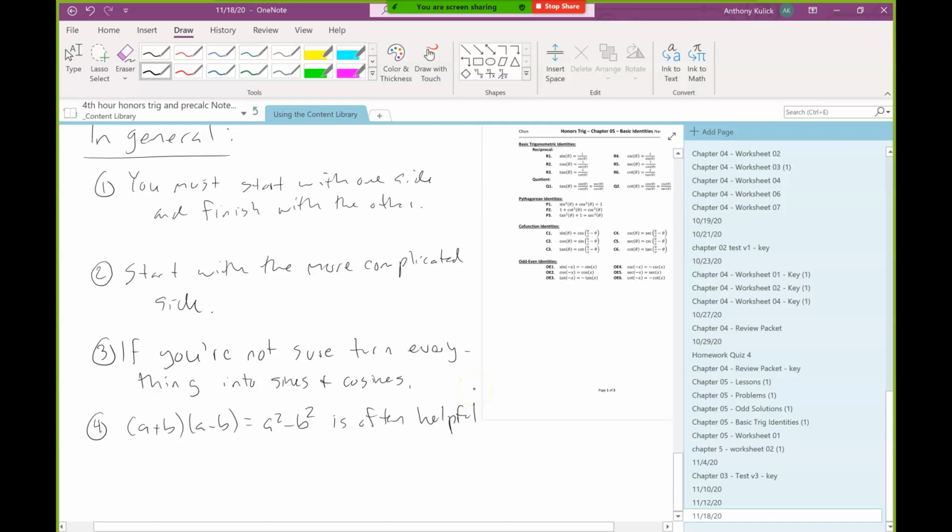The difference of two squares factoring pattern will often be helpful. In particular, you can use it to set up a Pythagorean identity that you might want to use.